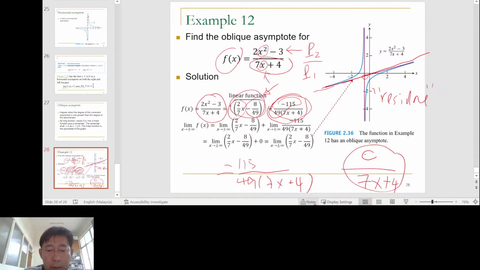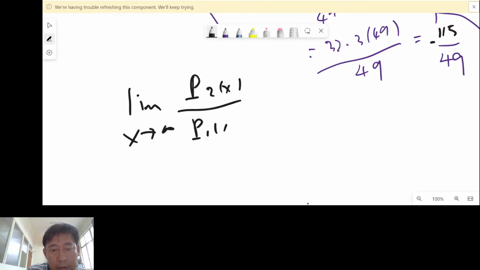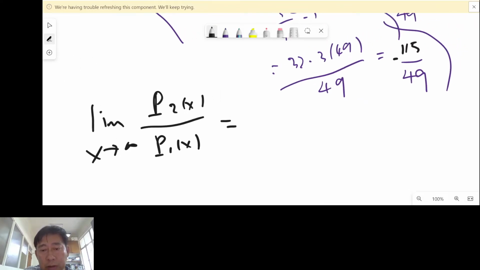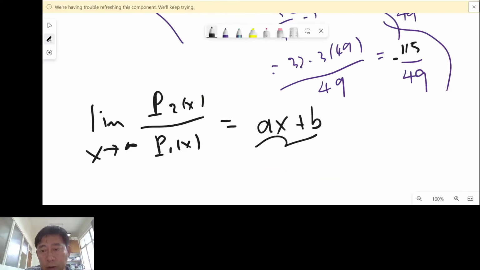And what you can show here is that the long division of the ratio of two functions, say p2(x) over p1(x), finally ends up in the form of a linear function ax plus b, plus another residue function, which is in the form of a constant divided by the denominator function.